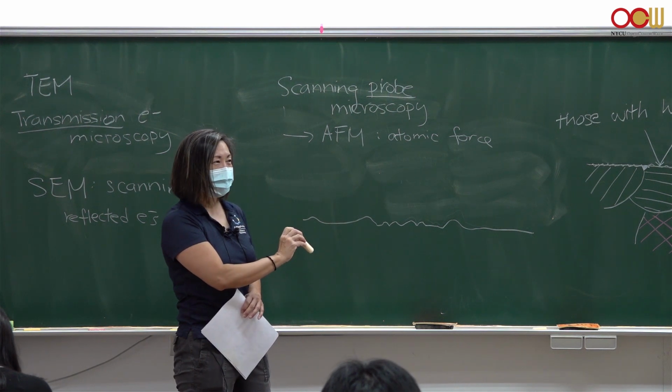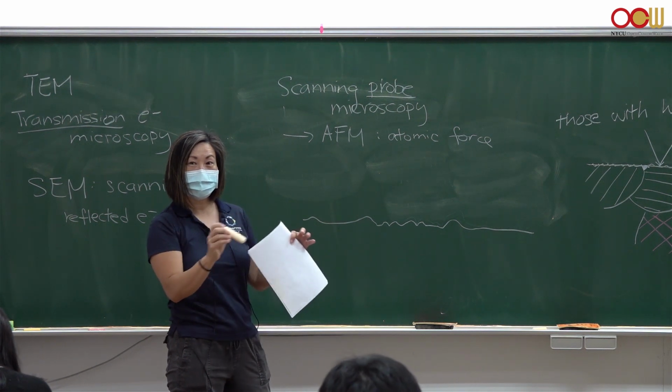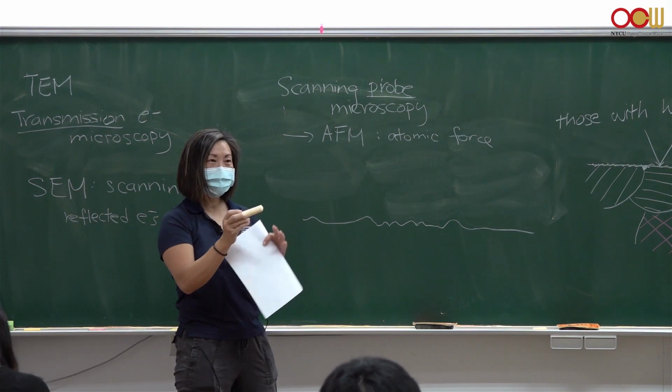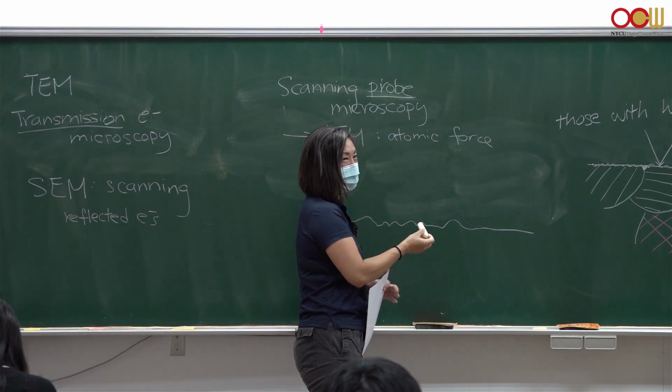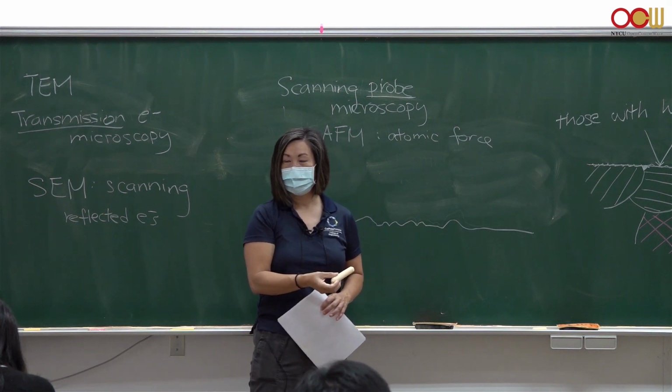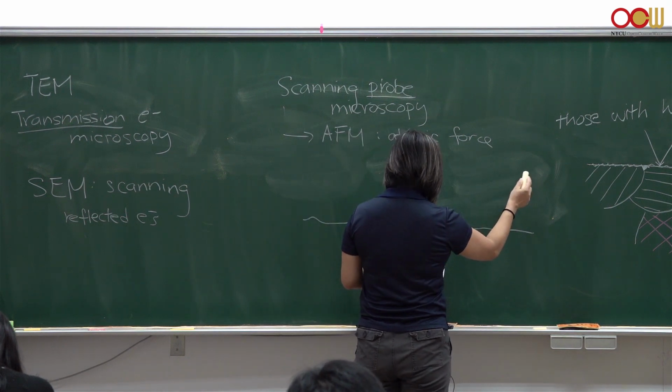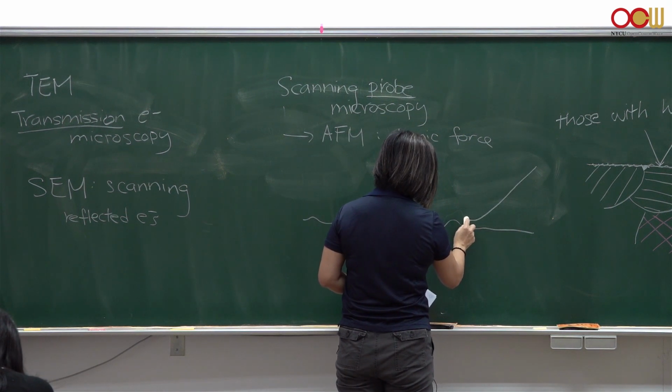But in order to do that for a material in the nanometer range, the tip of that probe will also need to be nanometer size. And that's exactly what people have made.